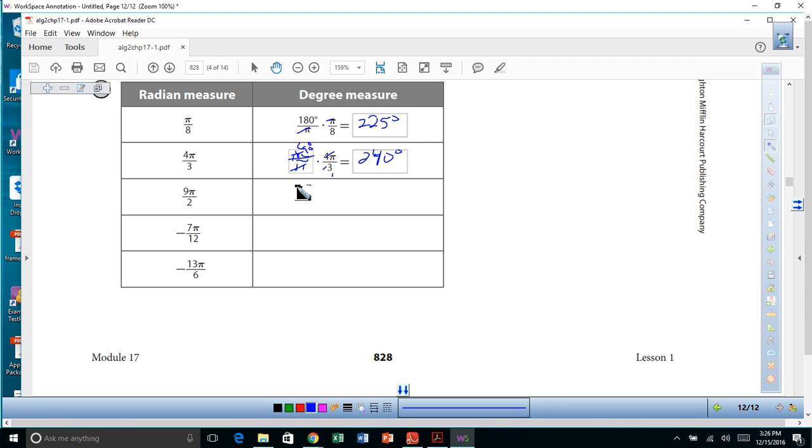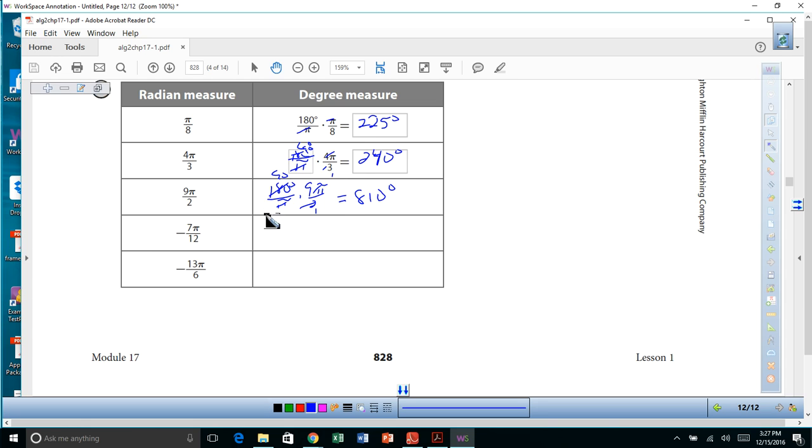All right, now we've got 9 pi over 2, so we're going to have 180 degrees over pi times 9 pi over 2. Well, those will cancel out. That becomes a 1, and that becomes 90. 90 times 9, that's going to be 810 degrees.